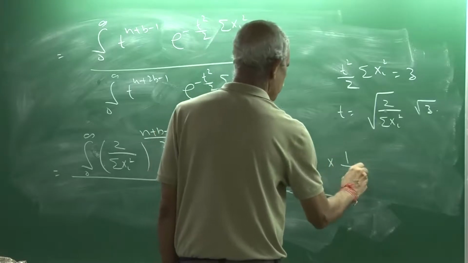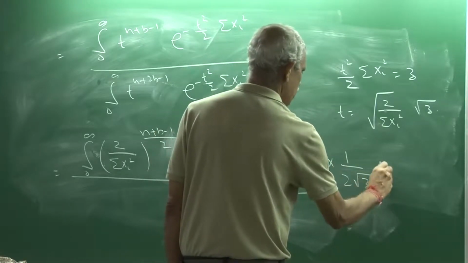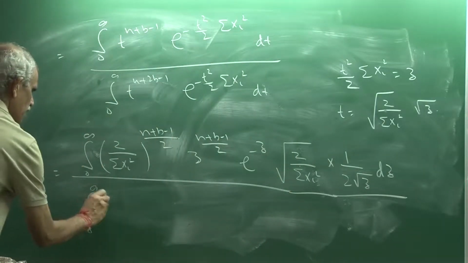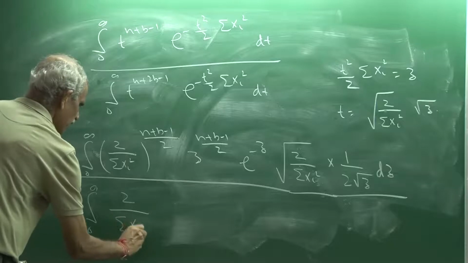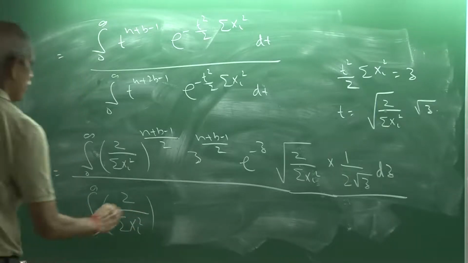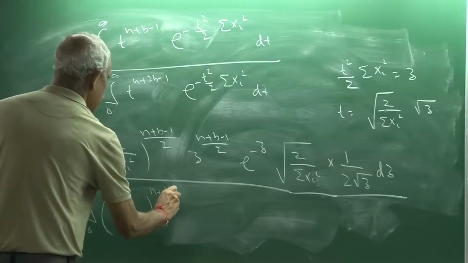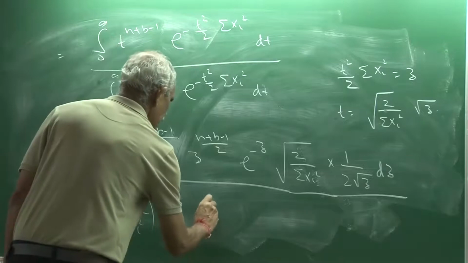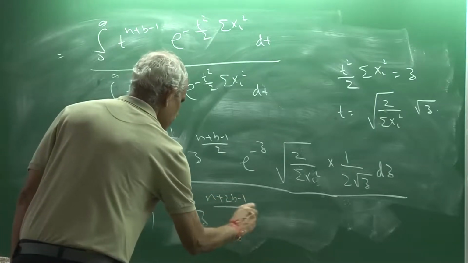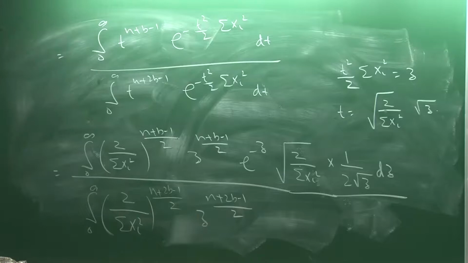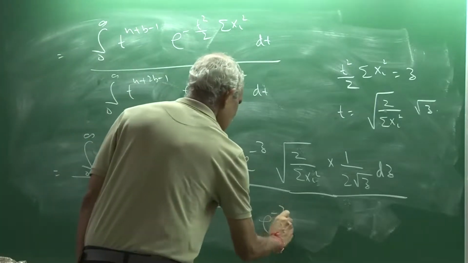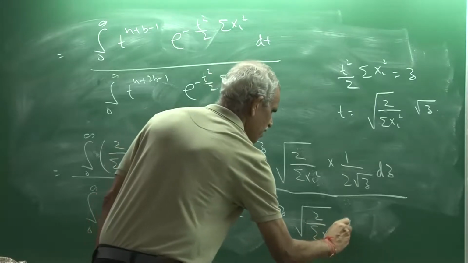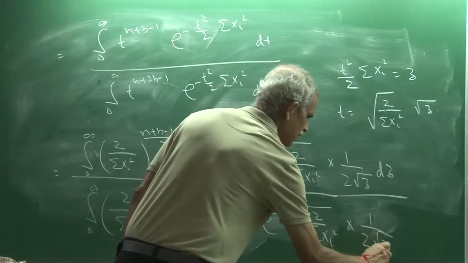So the integral from 0 to infinity of 2 by summation xi square to the power n plus twice b minus 1 by 2, z to the power n plus twice b minus 1 by 2, e to the power minus z, with this Jacobian term, 2 by summation xi square into 1 by twice root z dz.